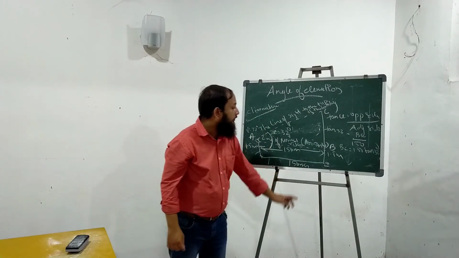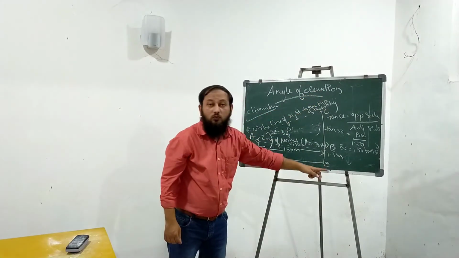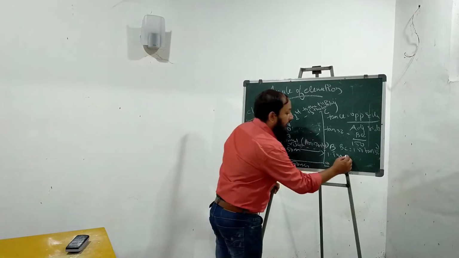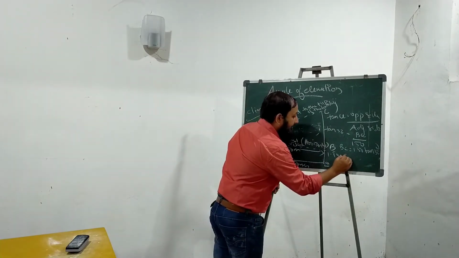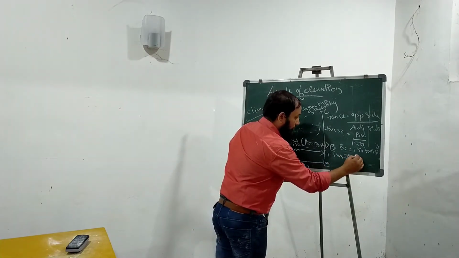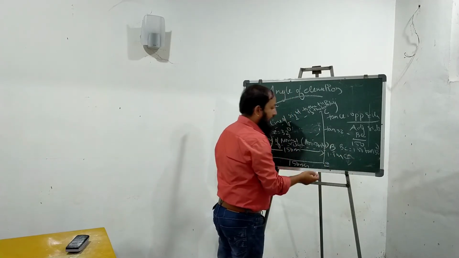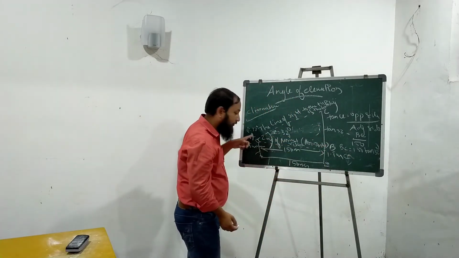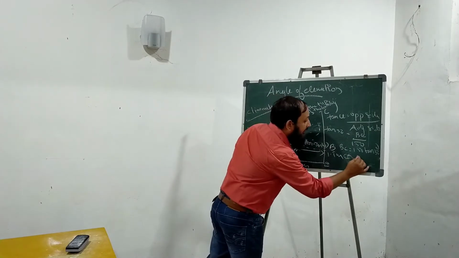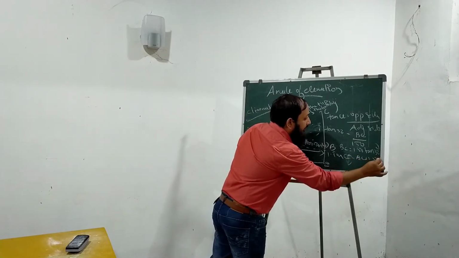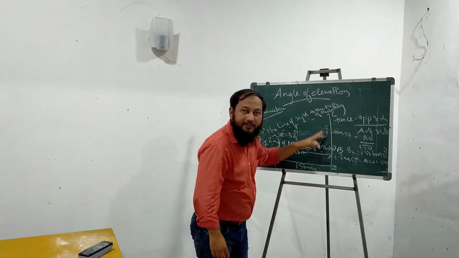So the height of the building CE is equal to BC plus the height of the man. So BC plus 1.5 meters is the height of the building.